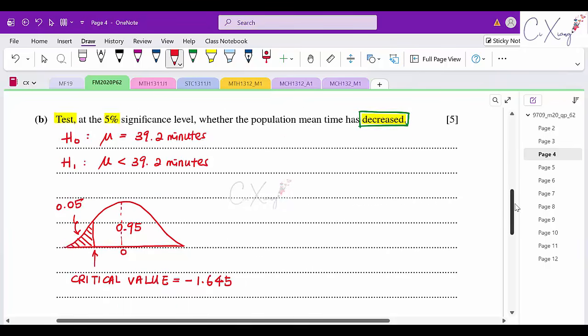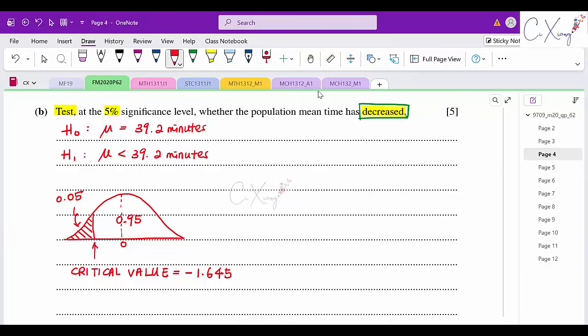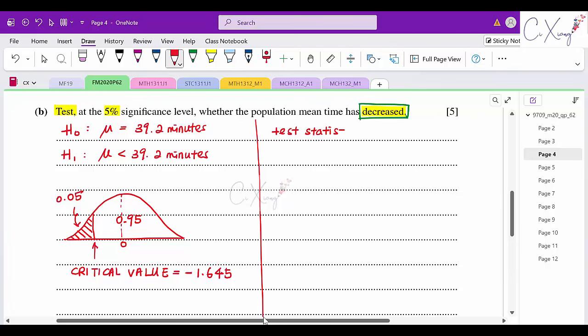Then third step, we are going to get the test statistic. How to get the test statistic? You have to calculate it yourself. Our test statistic in a hypothesis test for population mean is the sample mean minus the population mean, divided by the standard deviation over square root n.